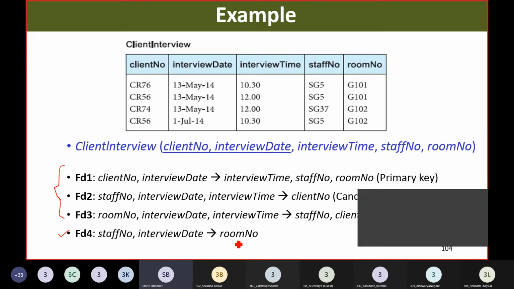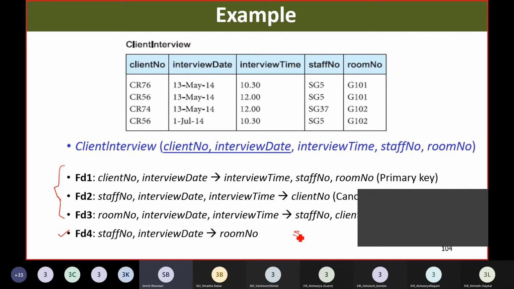That is, the statement is given like this. The members of staff involved in interviewing clients are allocated to a specific room on the day of interview. Right? So, a specific staff number on a specific date has been allocated a specific room number. And that is why we have a functional dependency like this.